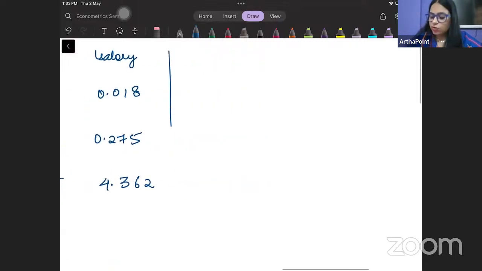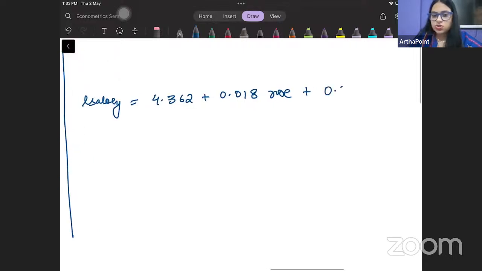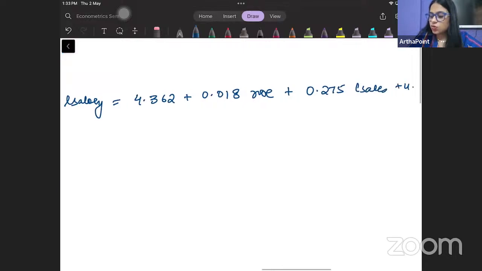So what you can now do, you can write log salary is equal to 4.362 plus 0.018 ROE plus 0.275 log sales plus UI.